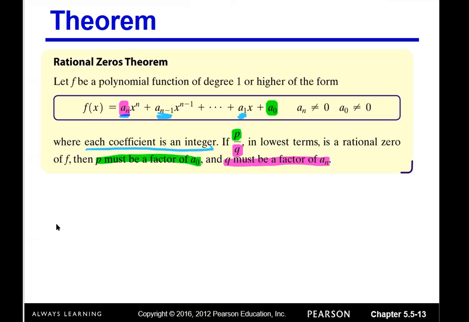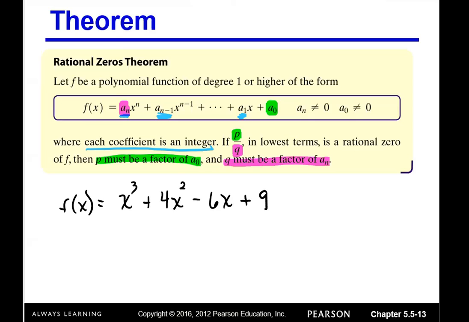Those are the potentials. So let me make one up here. Let's say I told you that f of x was equal to x cubed plus 4x squared minus 6x plus 9.